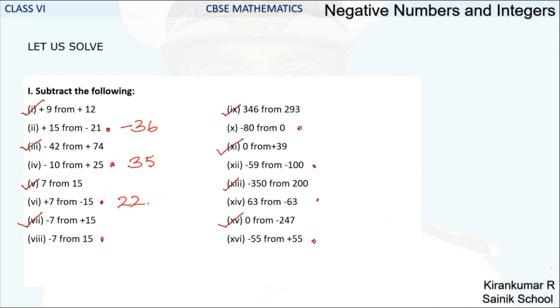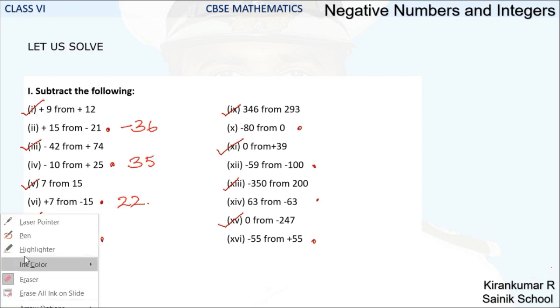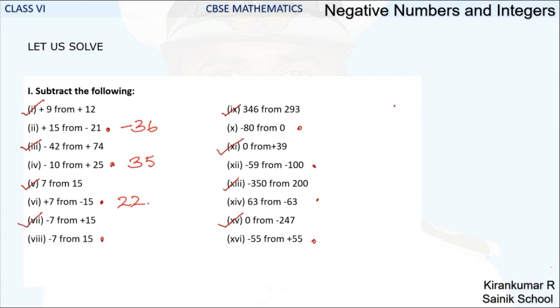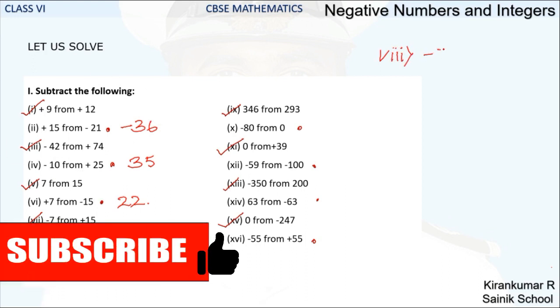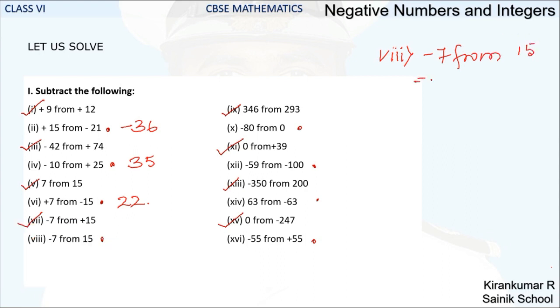Next one is question number 8. In question 8, we need to subtract negative 7 from positive 15. So 15 minus of minus 7. Now I'll change it to an addition question. It becomes 15 plus 7.